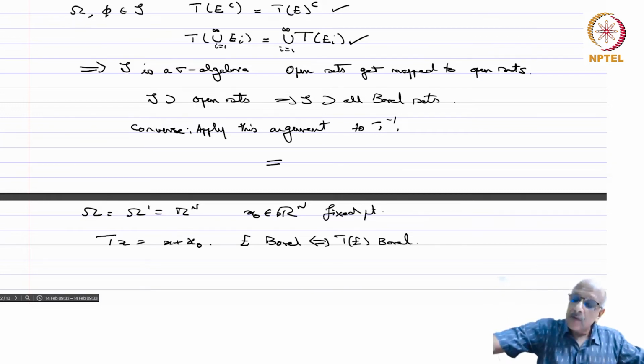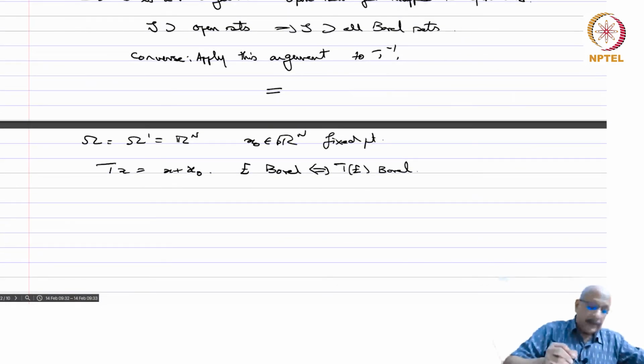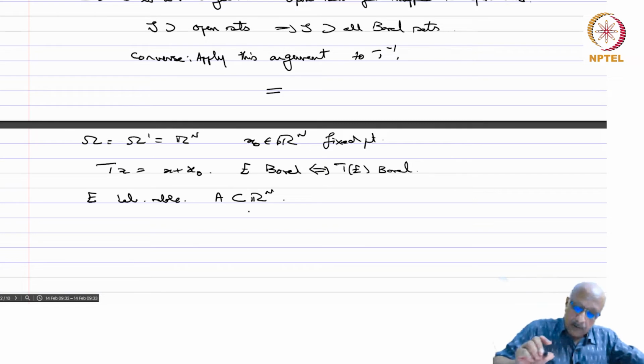Okay, so now let E be Lebesgue measurable and let A be contained in Rn. We want to show that TE is also Lebesgue measurable.